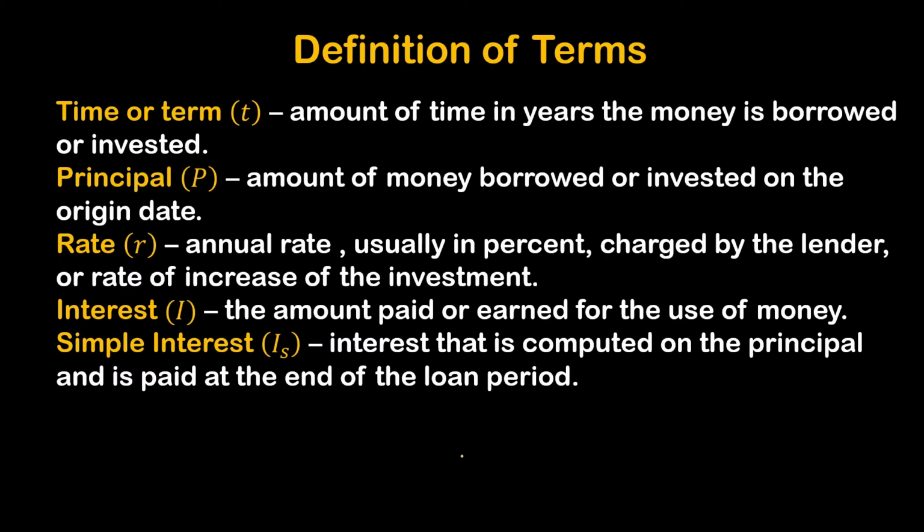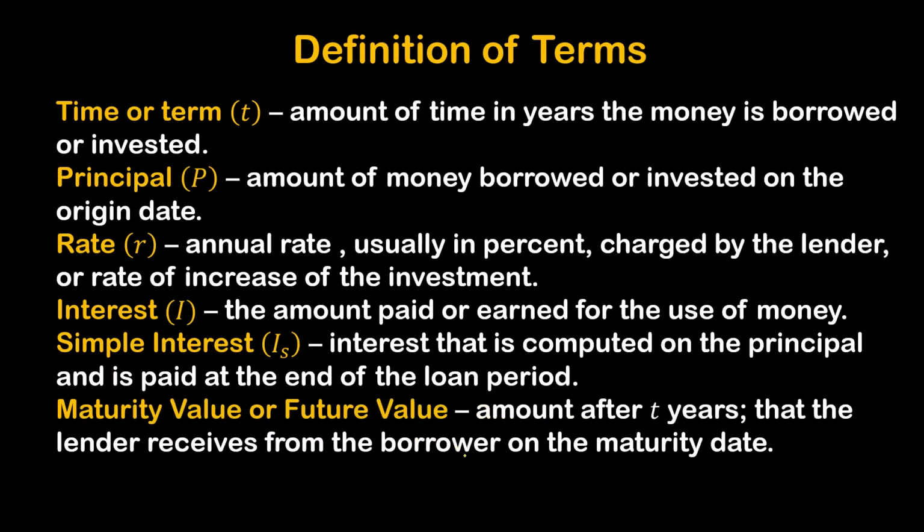Maturity value or future value is the amount after T years that the lenders receive from the borrower on the maturity date. Those are some of the terms that we will encounter in this lesson.